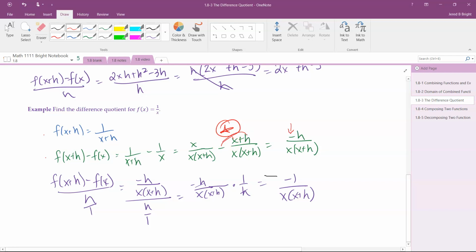Now, the third part here is perhaps where students get the most confused and get lost in their work, and it's because you have a fraction within a fraction. So my strategy that I always use, this is what the definition of the difference quotient says, but then remember that everything always has a denominator of 1.